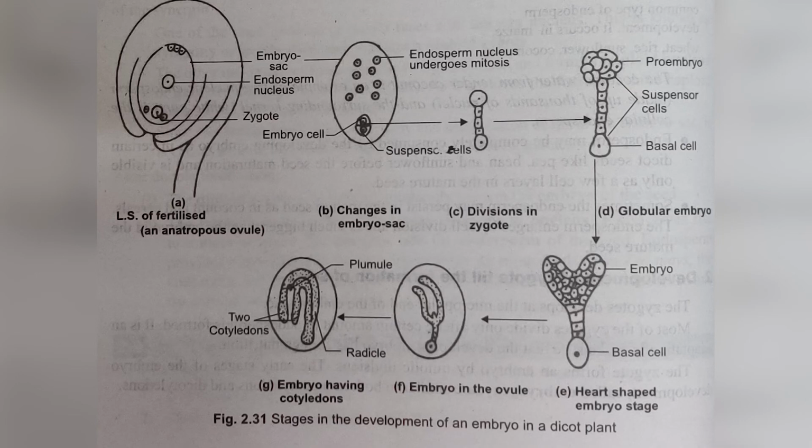The suspensor cell divides and a chain of cells is formed, which is called the suspensor, with a basal cell below. As the suspensor elongates, it pushes the embryonic cells deeper into the endosperm to get nutrition. A few cells of the embryo near the suspensor develop into the hypocotyl and radicle.